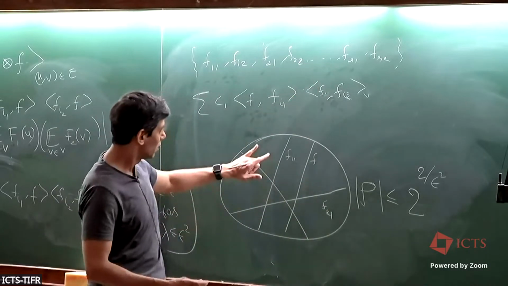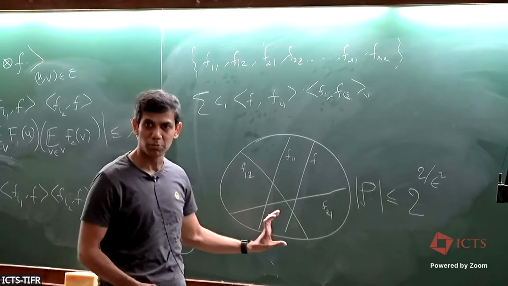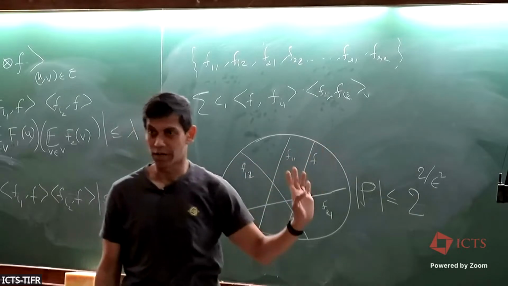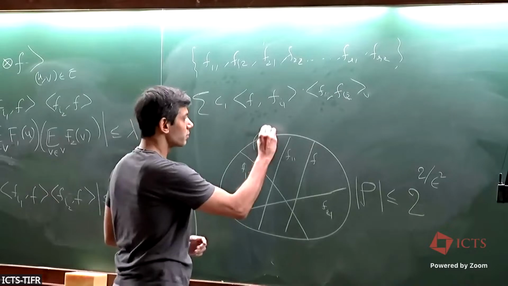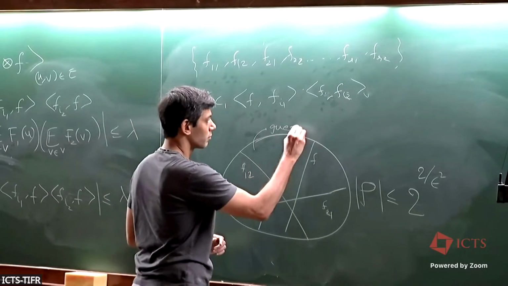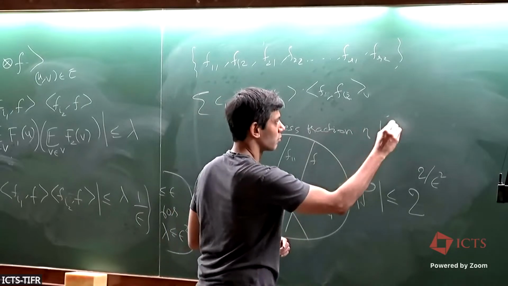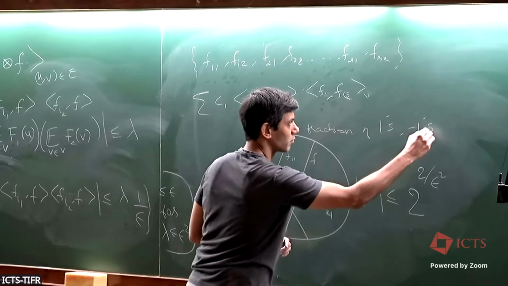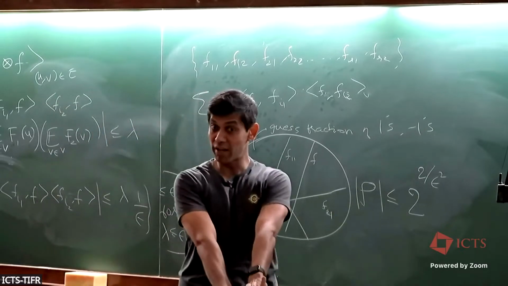So if I can write down the number of 1s or minus 1s of f in each piece of this partition, it tells me all the values of the inner products. And so now I just need to guess, for each piece, just a fraction. I don't need to actually know where the 1s and minus 1s are.